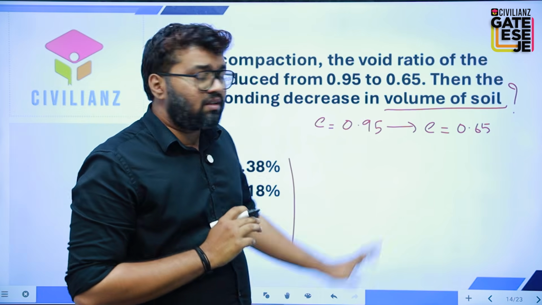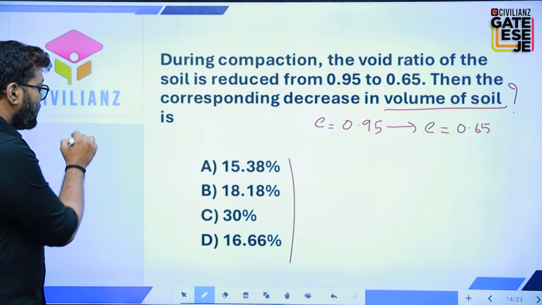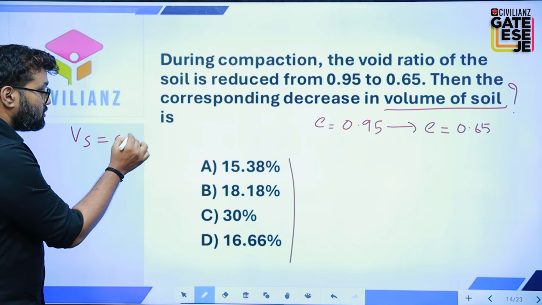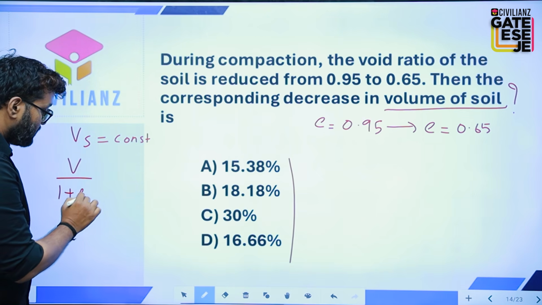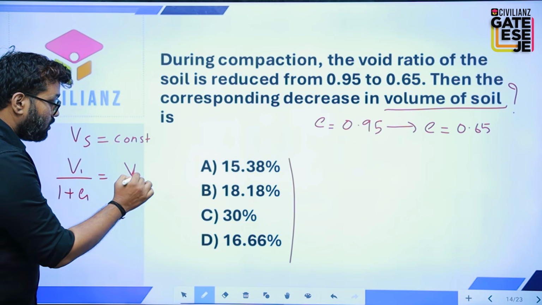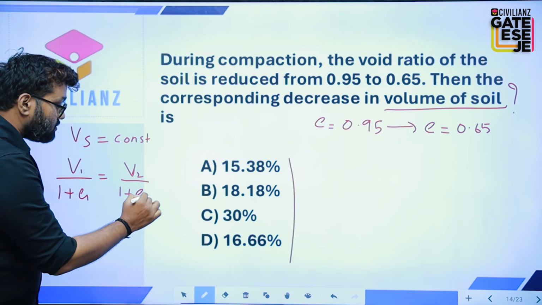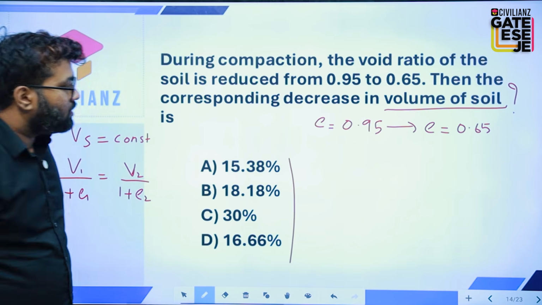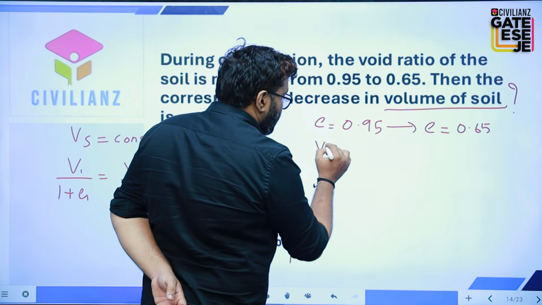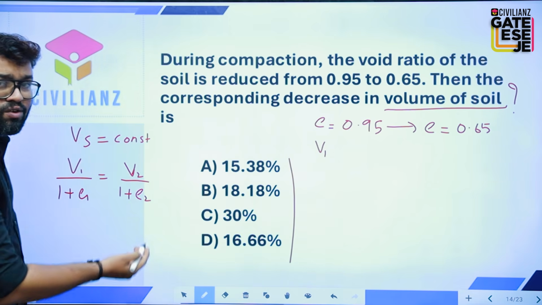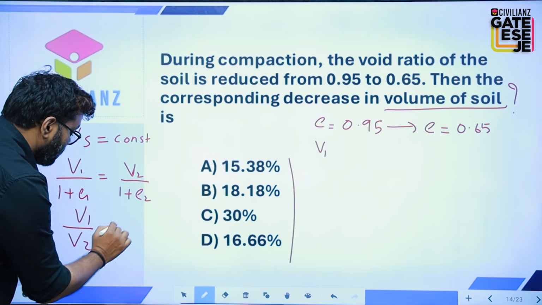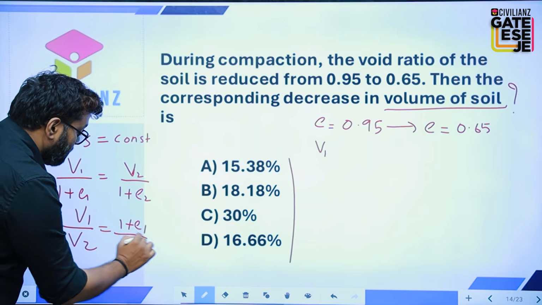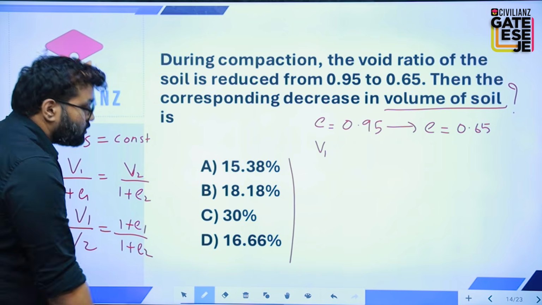So in the previous question we already said Vs is always a constant, and we can write V1 by 1 plus e1 is equal to V2 by 1 plus e2. We can just cross multiply this, right? V1 by V2 is equal to 1 plus e1 by 1 plus e2.